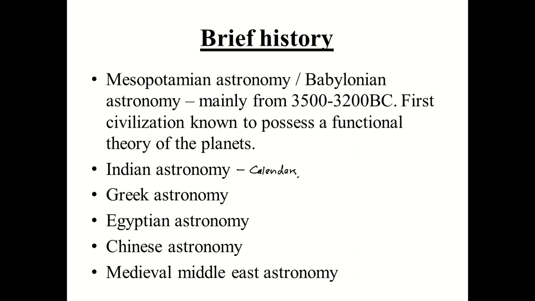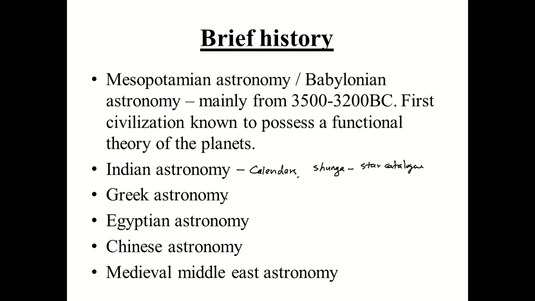Another emperor, Shunga, whose period was known as the golden age of astronomy in India. During the Shunga period, star catalogues were produced.